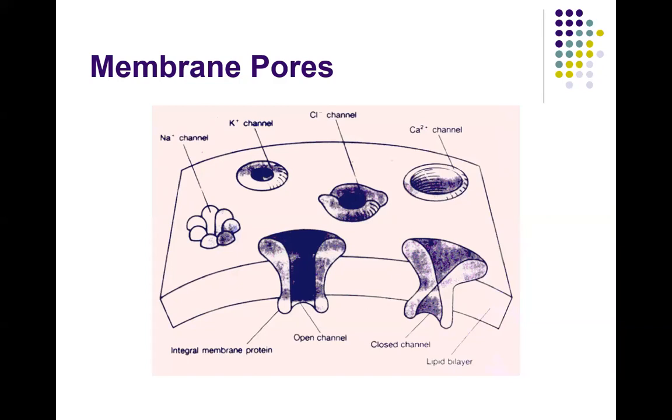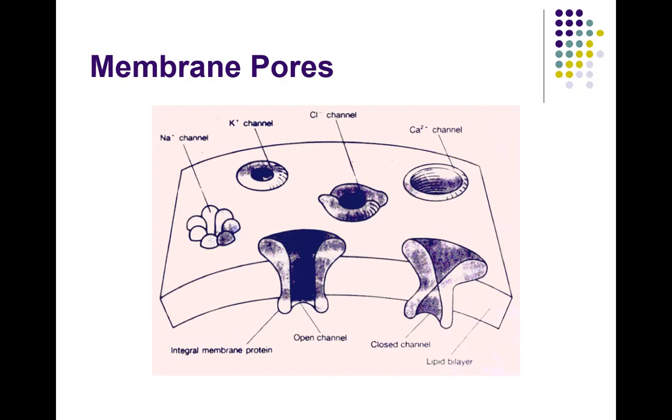A lot of times they're specific to specific molecules or ions. You can't just have a channel that lets sodium in and potassium out and chlorine in and calcium out. They don't function as one size fits all. They are specific to specific molecules.